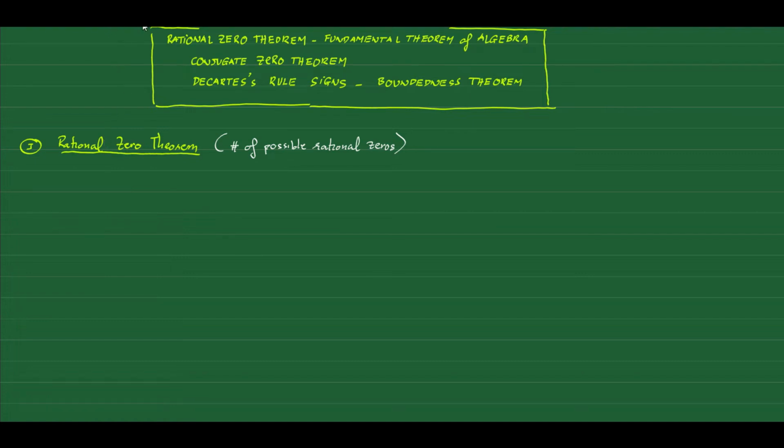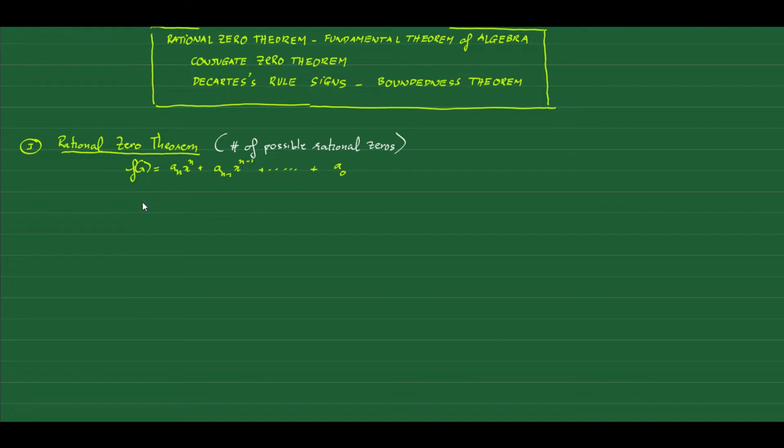We know that a polynomial function is written as f of x equals a sub n, x to the n, plus a sub n minus 1, x to the n minus 1, plus and so on, and at the end we have a sub 0. So in order to find the possible rational zeros, we set up a ratio between the factors of a sub 0 and the factors of a sub n.